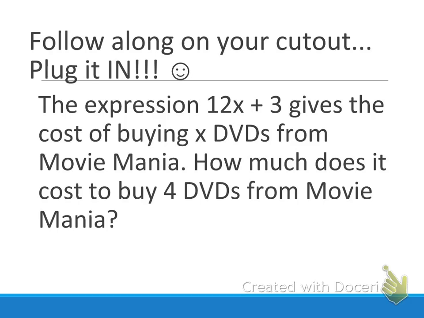Okay, this is in your notes. It says, the expression 12x plus 3 gives the cost of buying X DVDs. That means X stands for the number of DVDs, right? X stands for the number of DVDs because it says this expression gives the cost of buying this number of DVDs from Movie Mania. How much does it cost to buy how many? 4 DVDs. So our first question was, what is the equation?